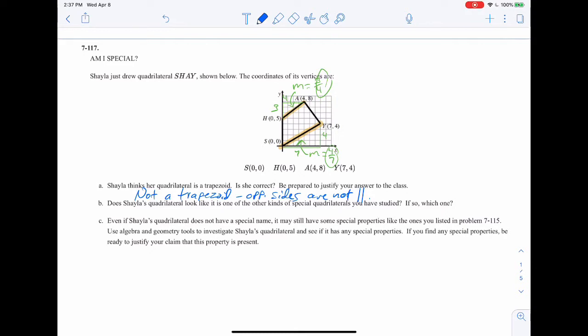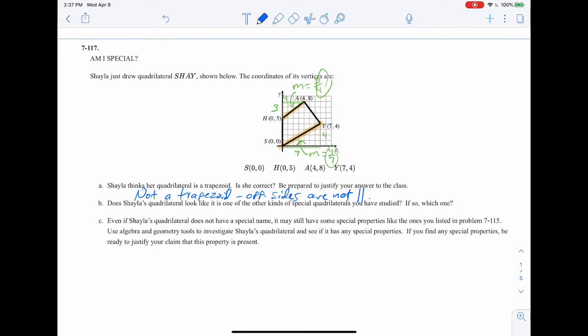Does Shayla's quadrilateral look like it is one of the other kinds of special quadrilaterals? Take a moment, look over your Chapter 7 toolkit, and see. The closest thing I would guess is that it looks like a right trapezoid, but since we know it's not a trapezoid, it can't be a right trapezoid.